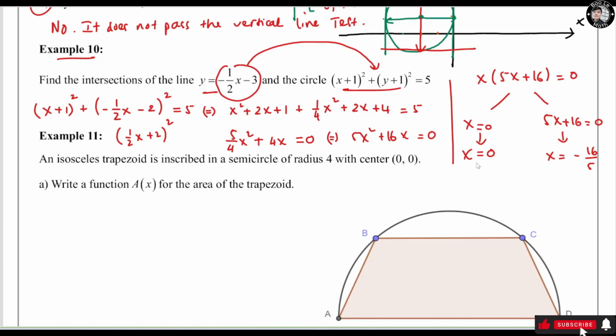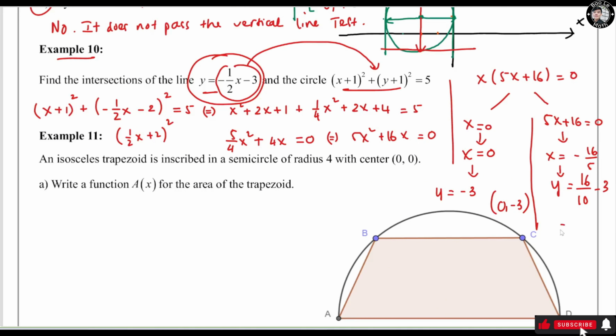Now we're going to substitute 0 for s back into the original equation to solve for y. So y equals negative 3. So the first ordered pair should be (0, negative 3). Now substitute the other value back over here, so you have y equals negative 1/2 times negative 16 over 5, which is 16 over 10, minus 3.